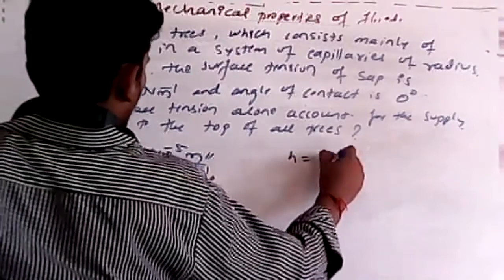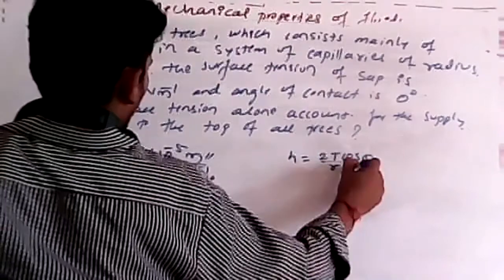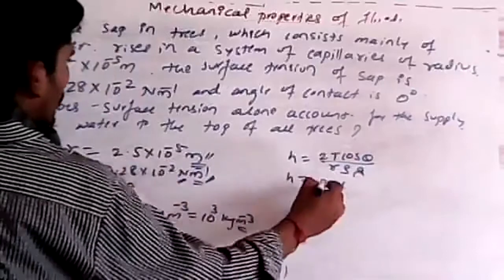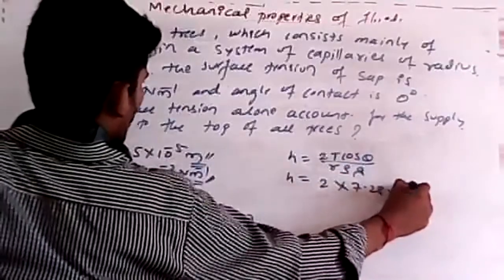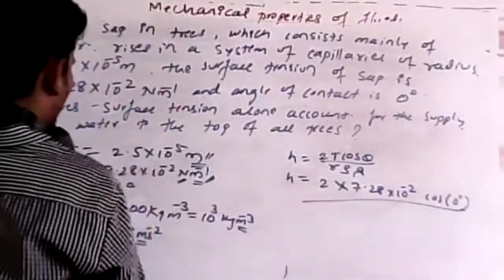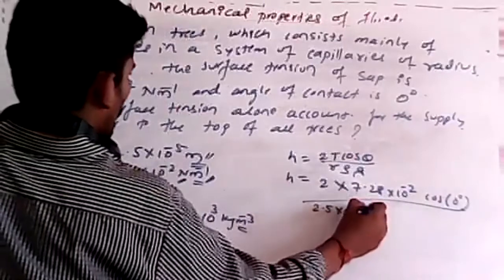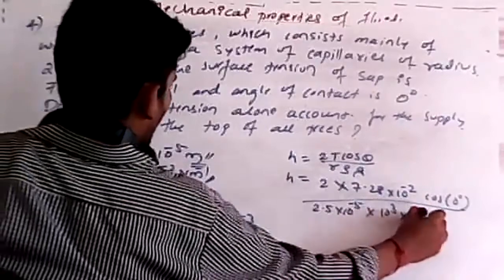H value is 2T cos theta divided by R into rho into G. So H value will be 2 into T value, given here, 7.28 into 10 raised to minus 2, cos of 0 degree, divided by R value, which is 2.5 into 10 raised to minus 5, into 10 raised to 3, into 9.8.